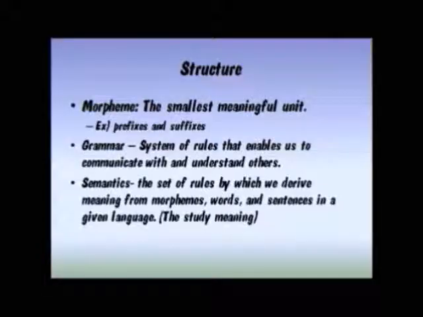Now, a morpheme is something that's a little different. It's the smallest meaningful unit. So it's not like a phoneme, where it is the sound that the letter makes. This is basically like prefixes and suffixes.